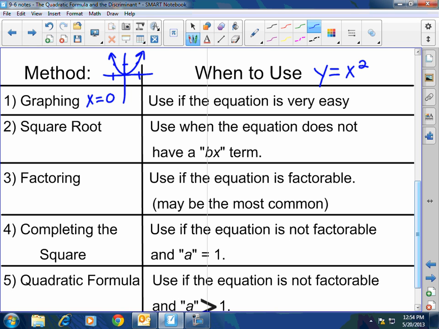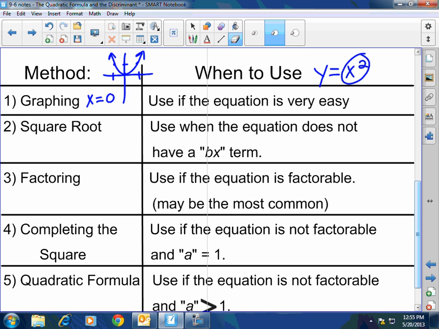If it's something simple like that, and you only have an x squared value, you don't have any constants, you don't have a bx value, if you want, sure, you can go ahead and use the graphing method. Still though, even if it's like that, I would have used the square root method and done it a lot quicker.